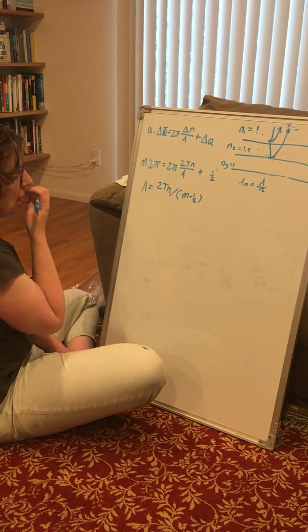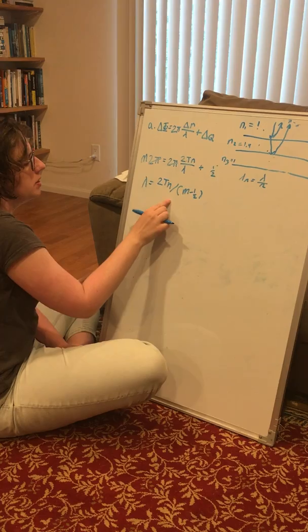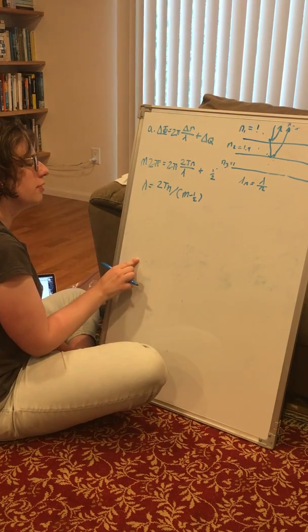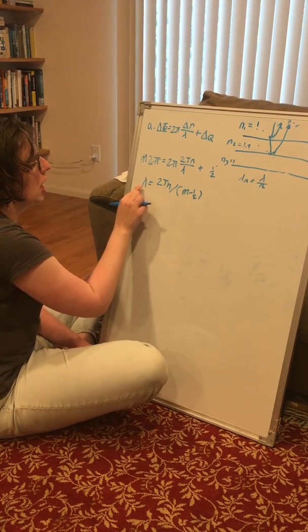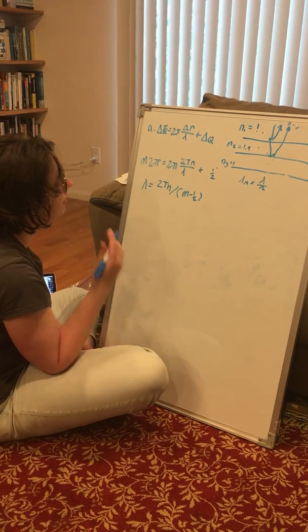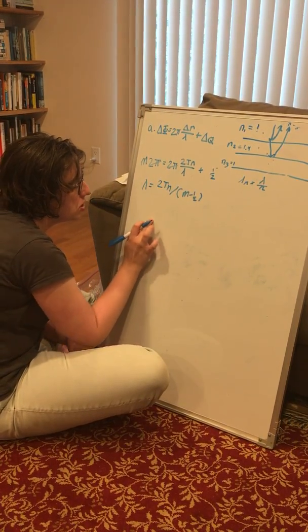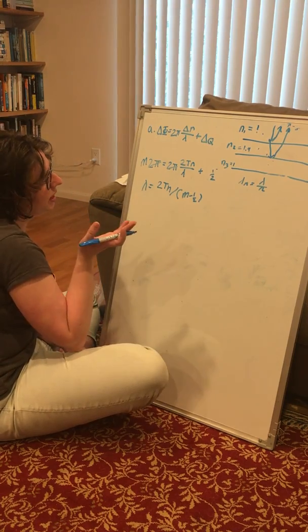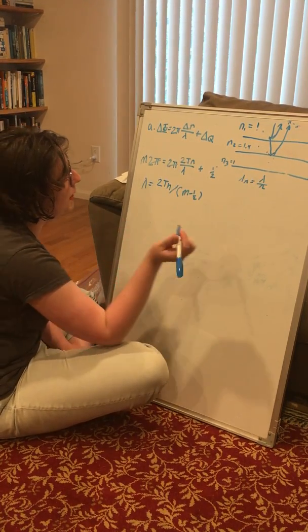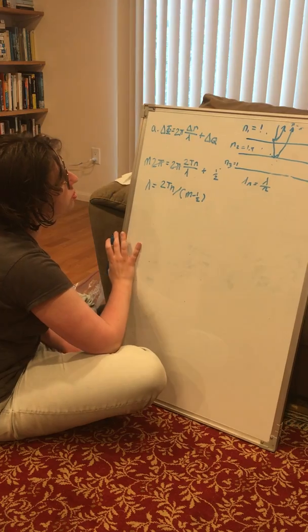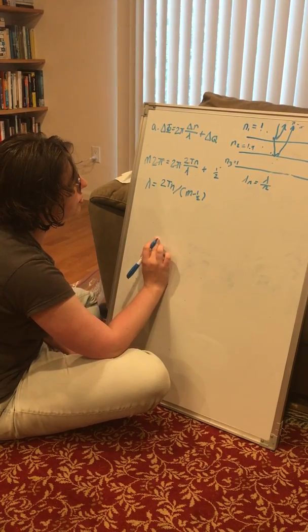So we're going to start by making this as small as it can be, and then just go from there. Lambda's going to be at its largest when m is at its smallest. So because we don't want to deal with negative wavelengths, let's pick m equals 1 for our first value.